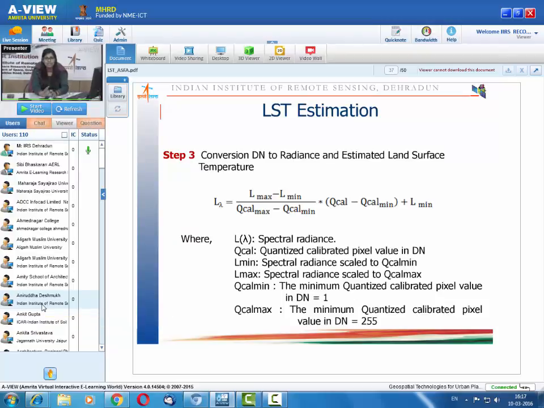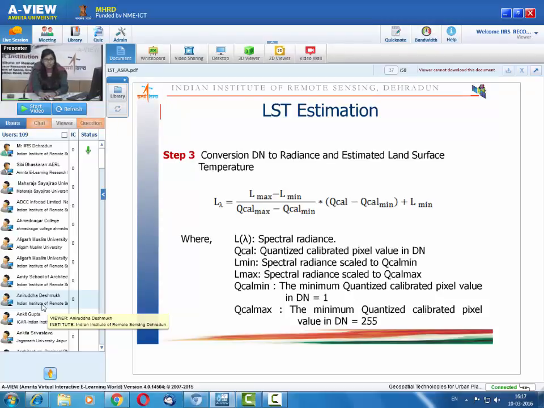The metadata file contains the Lmax and Lmin values, the spectral radiance, and QCalmax and QCalmin, that is the quantized calibration value. If it is 8-bit, it will be 255 and 1. That is 256 total, so the maximum value will be 255 and the minimum value will be 1.